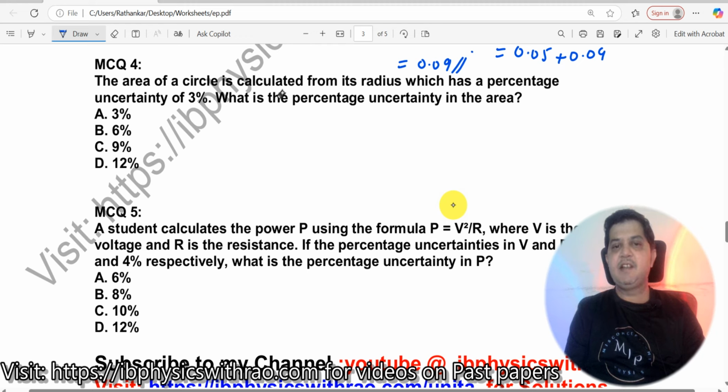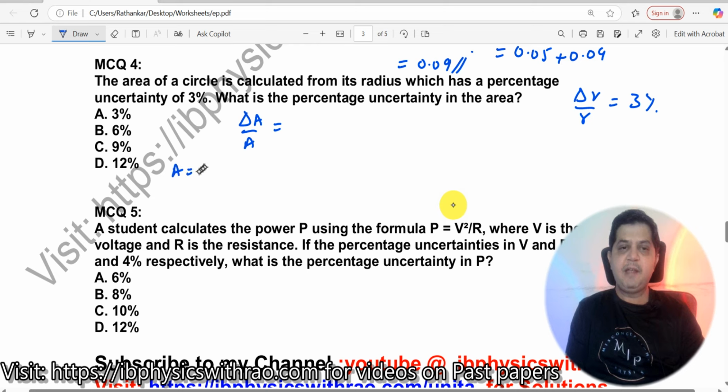The area of a circle is calculated from its radius, which has a percentage uncertainty of 3%. You need to make a note of this: delta R by R is equal to 3%. And then what is the percentage uncertainty in the area? So you need to find out delta A by A. We know that the value of A is given by, if it is a circle, pi R square.